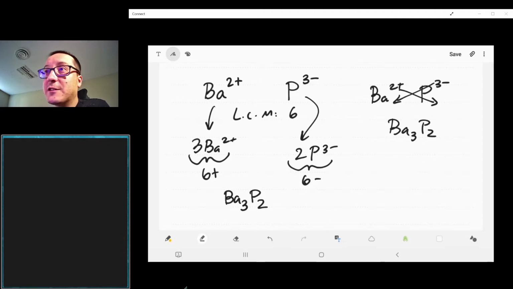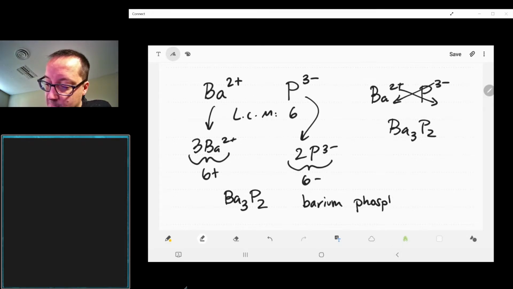But we're going to see there's only one kind of compound we can make between a metal and a non-metal, ionically speaking. By the way, we would call this barium phosphide, of course. We have the barium ion and the phosphide ion. Just put those together. Positive one first, and we win. Hooray!